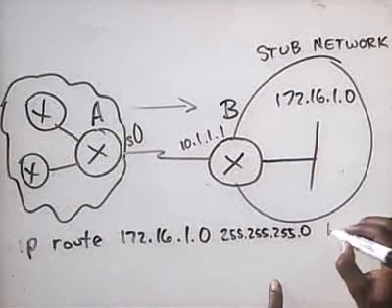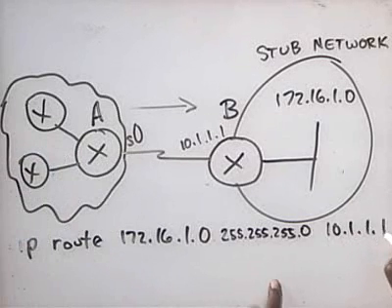So the next hop address would be 10.1.1.1, the serial interface for router B.